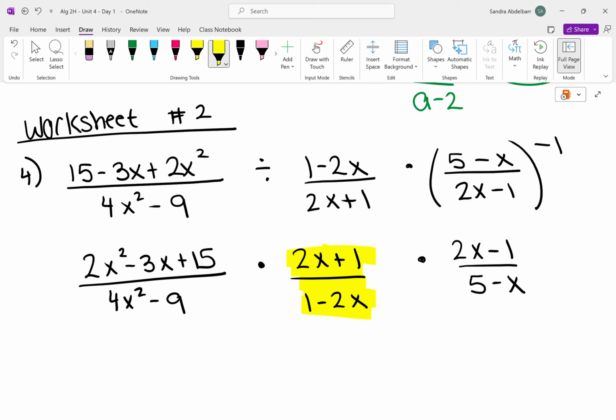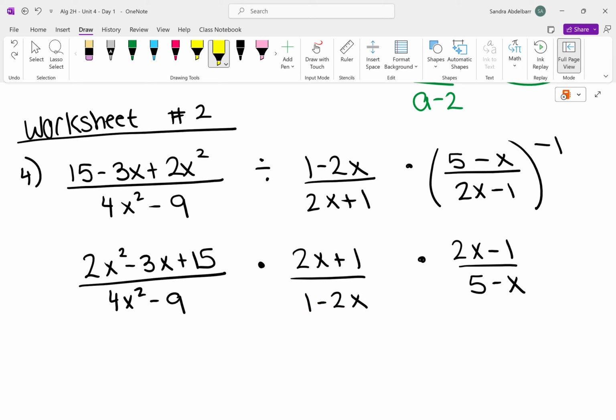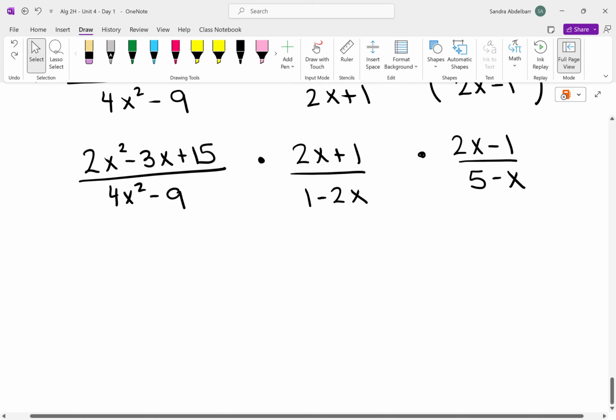So we have 2x plus 1, but then a 1 minus... oh wait, this doesn't cancel. What am I saying? That one doesn't cancel. Forget that. But which ones will eventually cancel? These two will eventually cancel. Sorry, never mind. We'll save that for later.